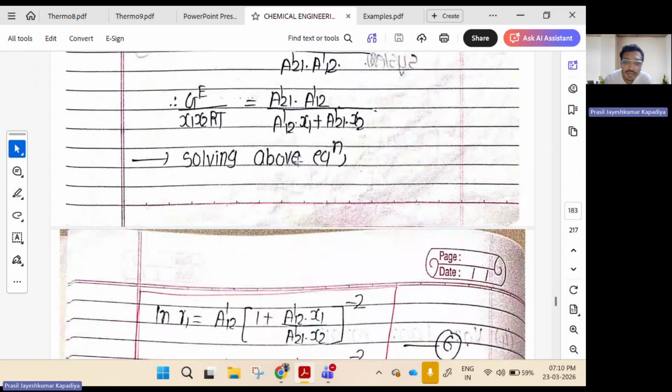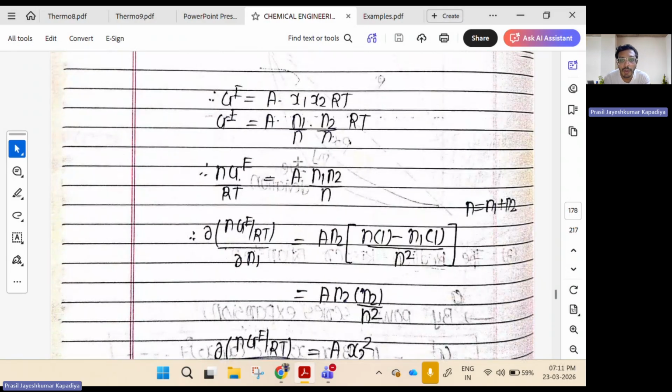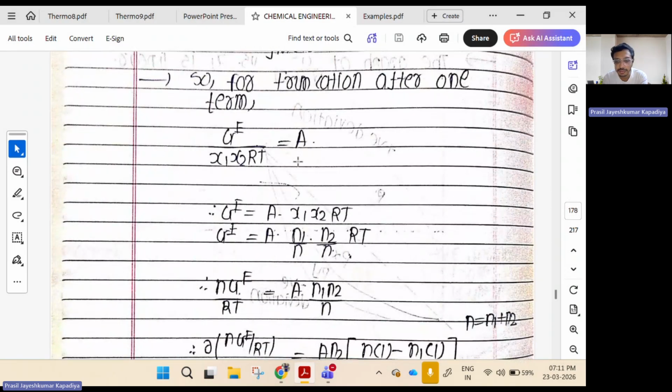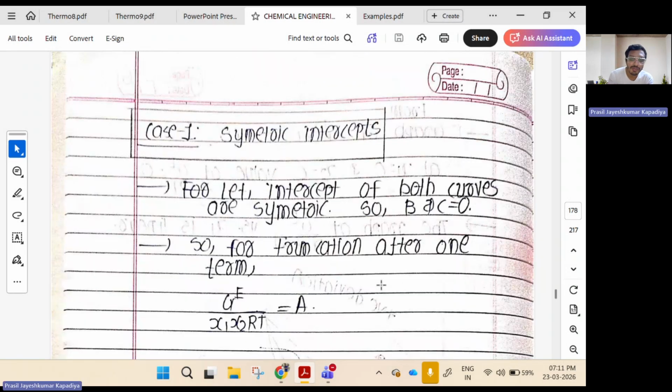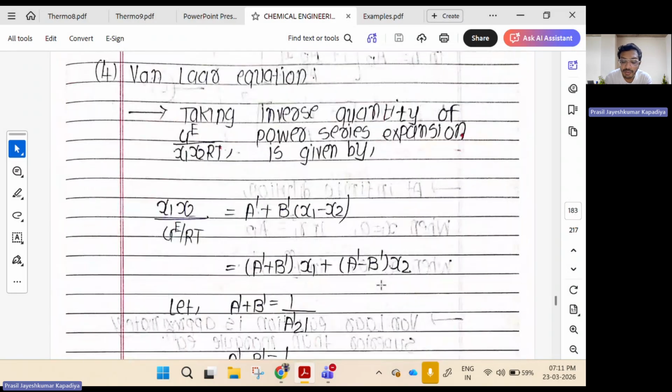When solving this equation, the way we did it in the case of the Margules equation, we can also do in this Van Laar approach, but it will be more complex.